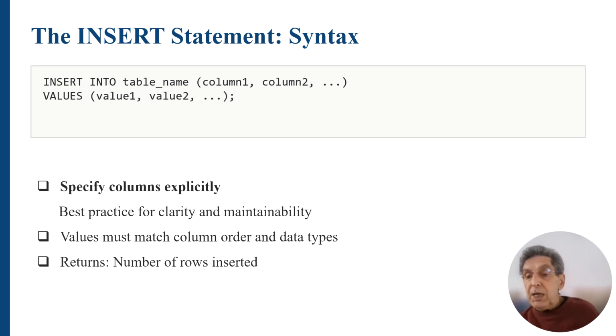So if you list first name, then last name, then date of birth, your values must be in that exact same sequence. When the insert succeeds, the database will tell you how many rows were inserted, like typically an INSERT 0 1 means 1 row was inserted.